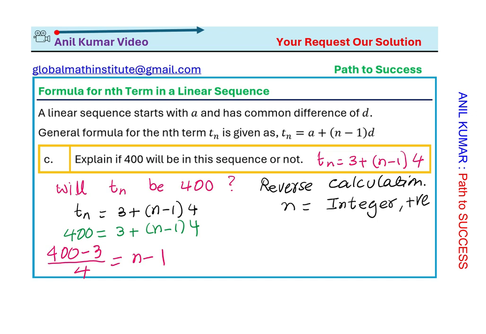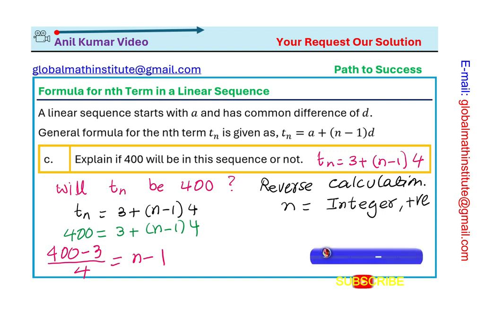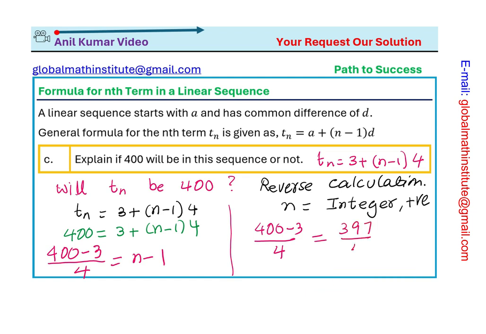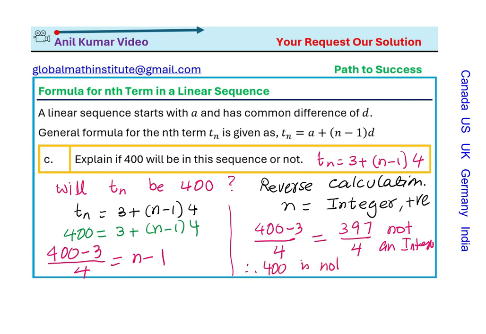As soon as you divide, you do not get an integer, right? So 400 minus 3 over 4 is a decimal value. You see that? 397 by 4 is not an integer. Therefore, we can say that 400 is not in the sequence.